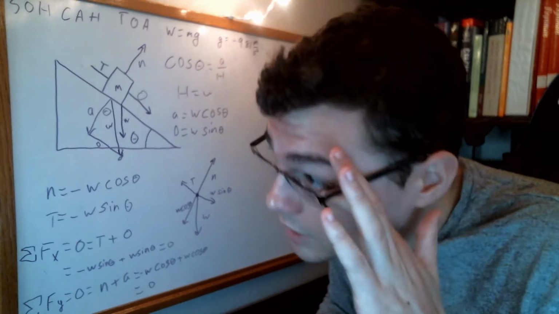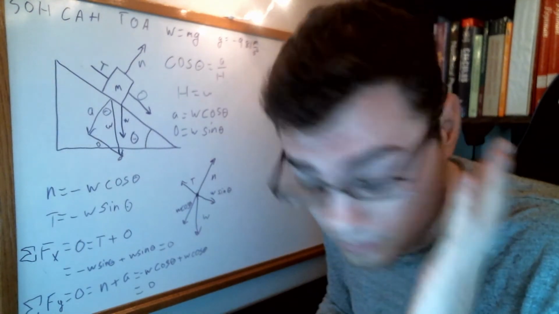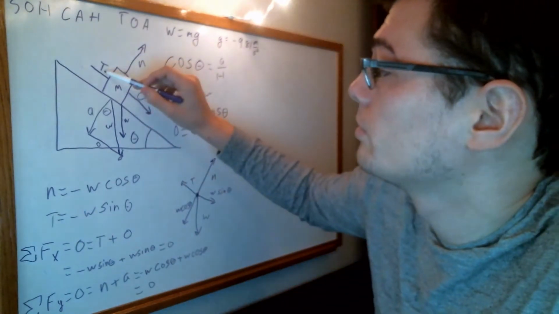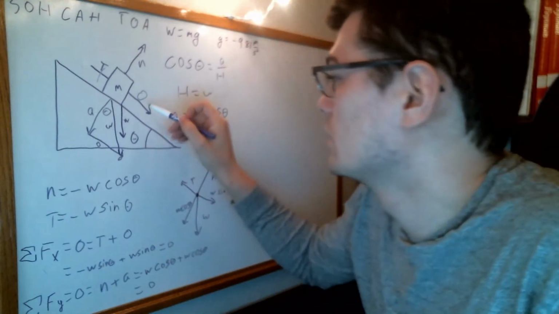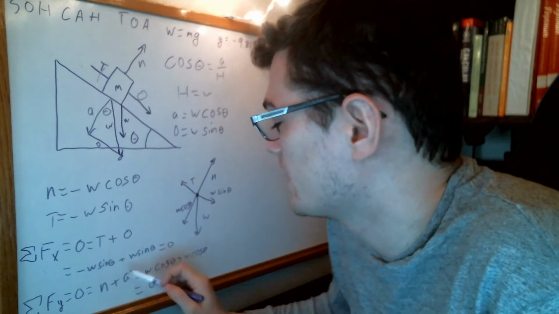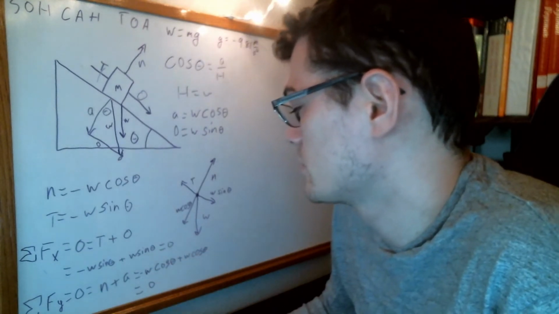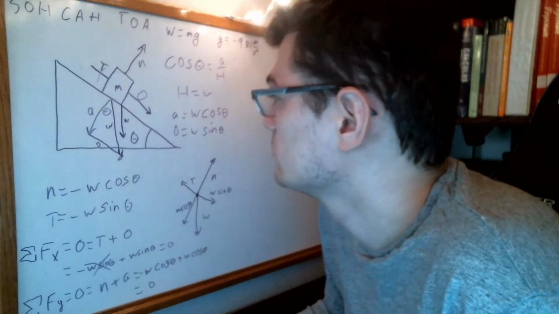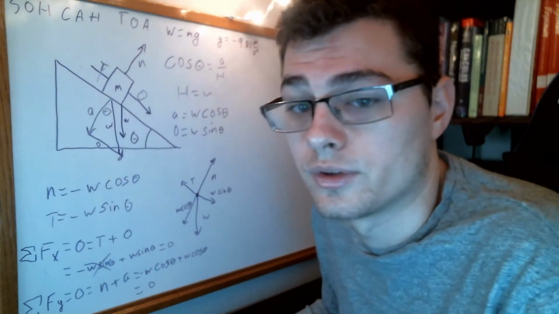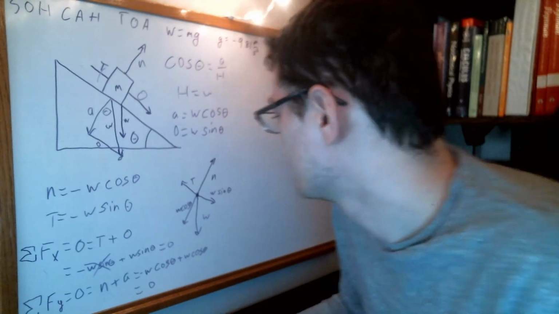So now let's say we snip the rope. So when we snip the rope, now O is the only force in the x direction here. So we get rid of this guy here. But now we have to apply the frictional force.